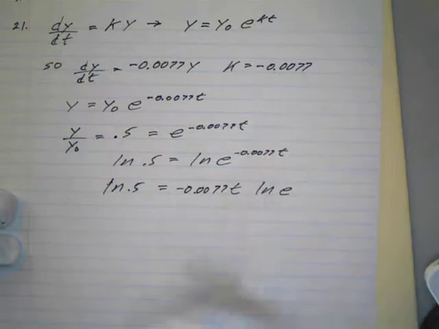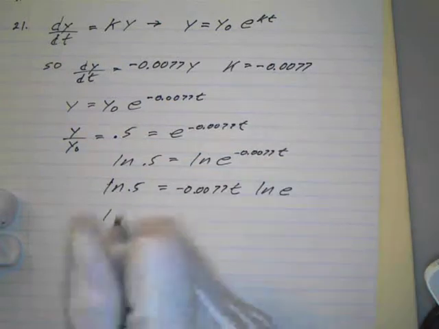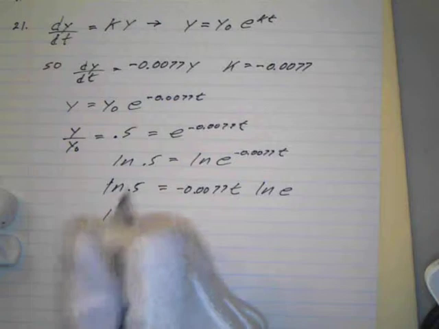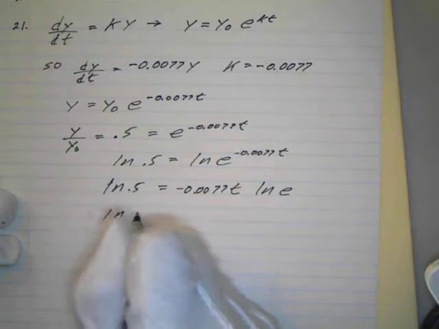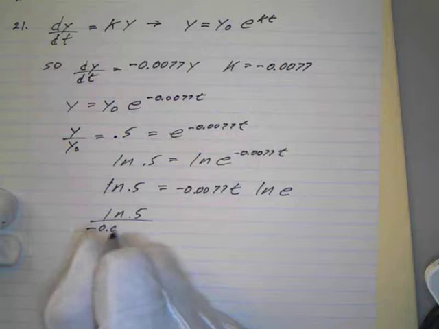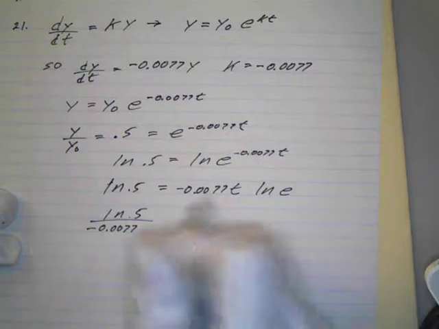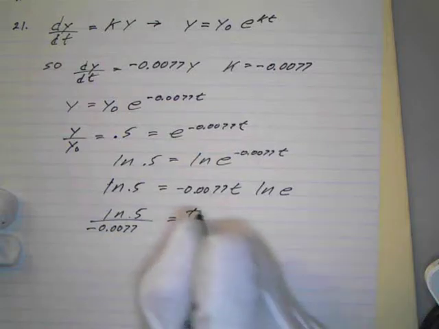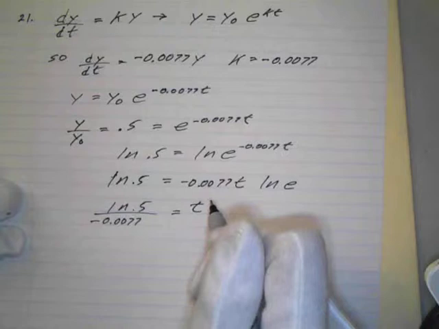And then if I divide both sides by my k here, the natural log of 0.5 divided by negative 0.0077, I get t.